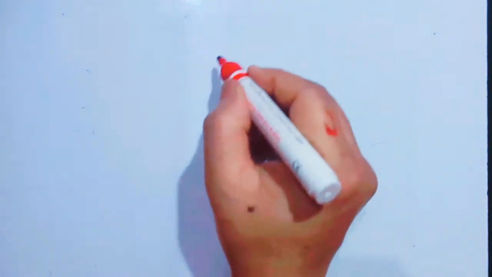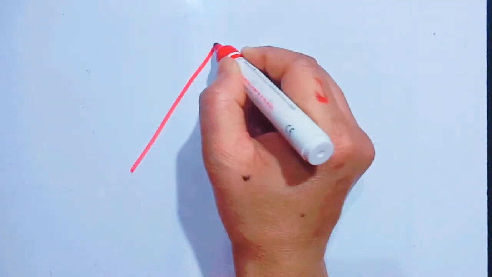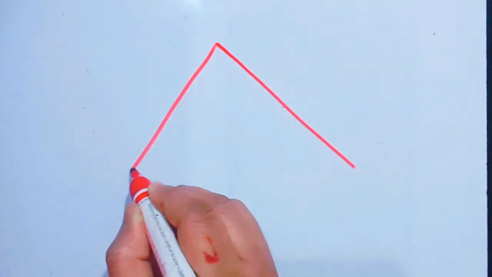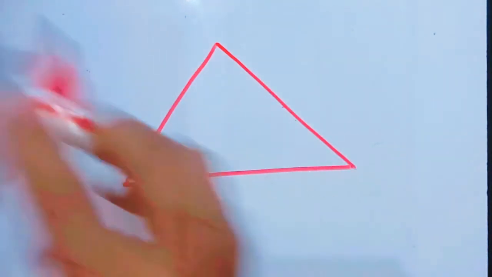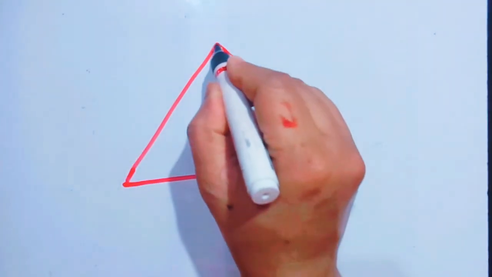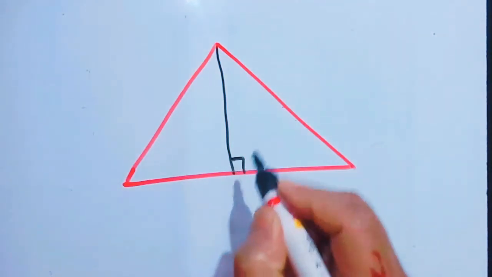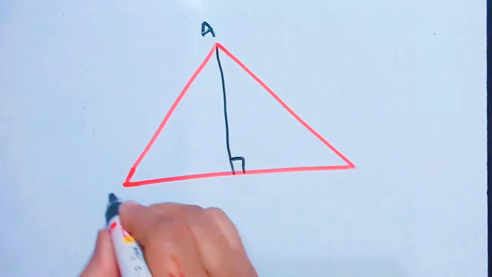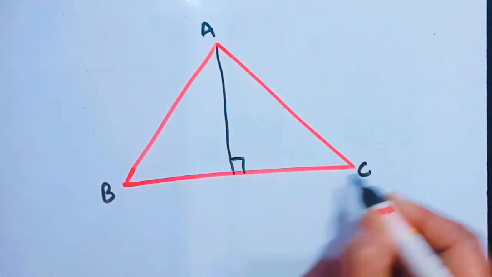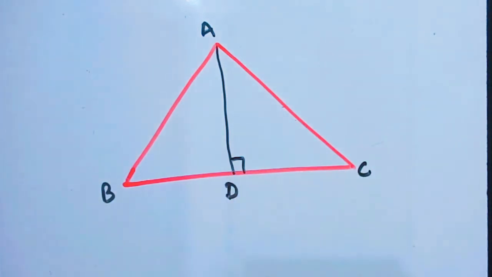For example, let me draw a triangle. This is my triangle, in which I am going to draw a perpendicular over here. So I have the vertices as ABC and this is my point D. Clear?